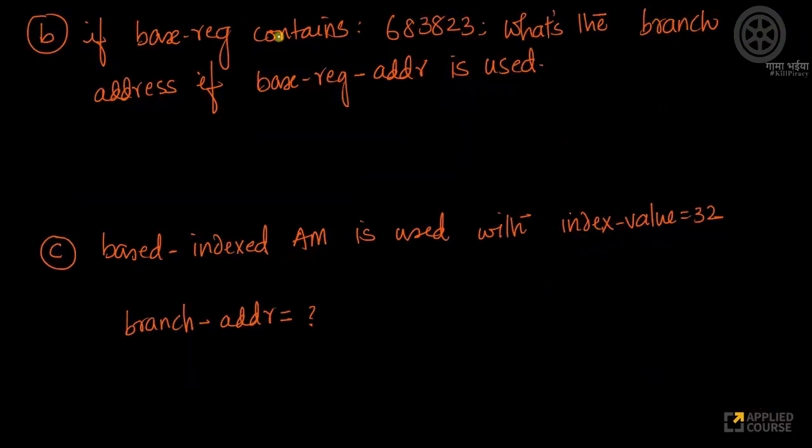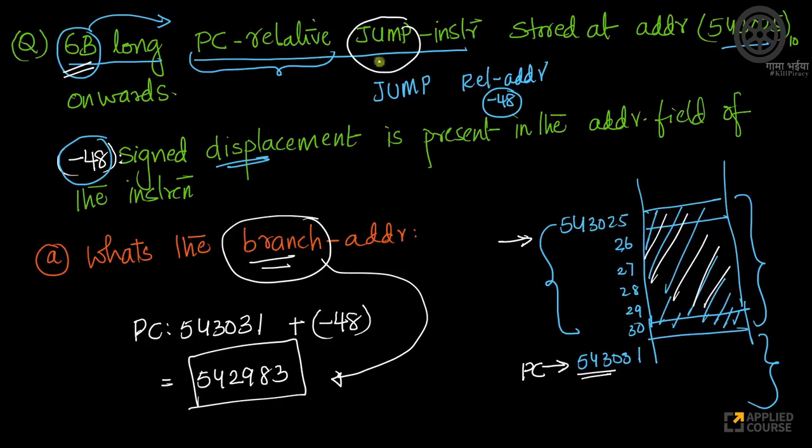Now let's look at the second part. If the base register contains 683823, what is the branch address? What is the address that we will branch to if base register addressing mode is used, instead of PC relative addressing mode?